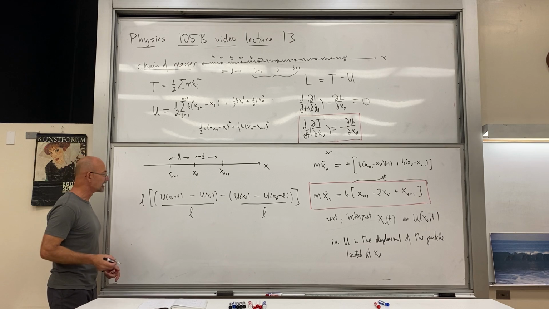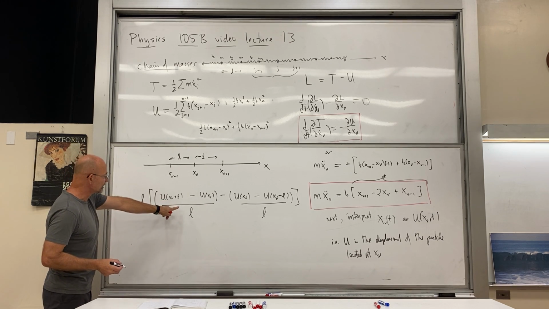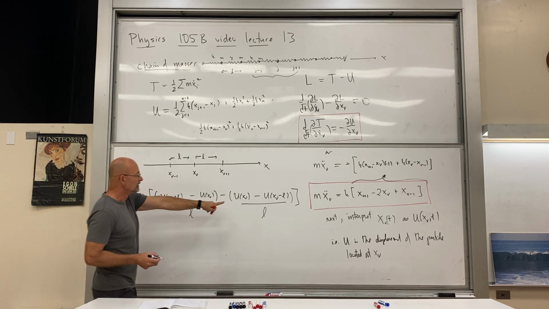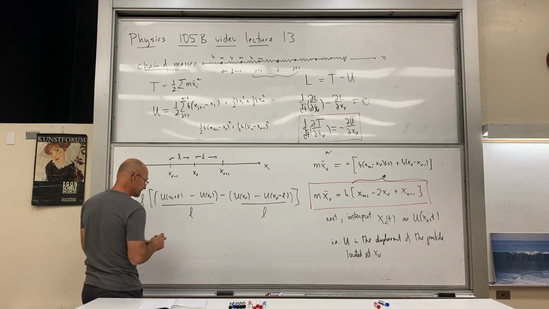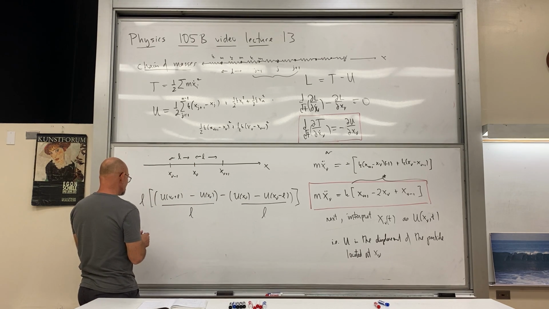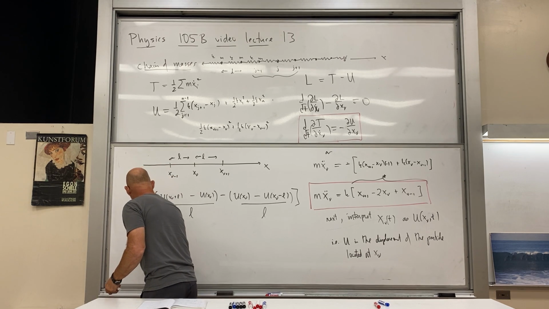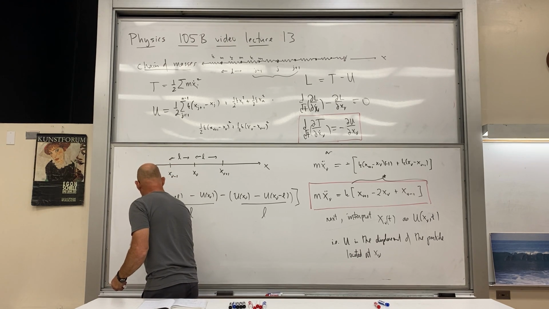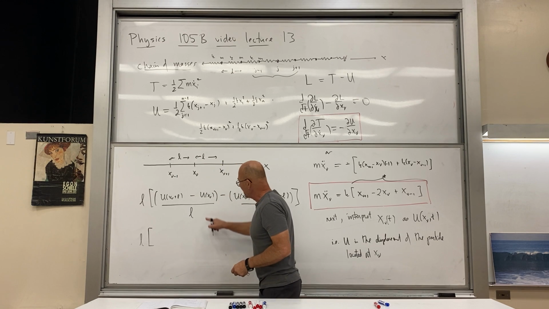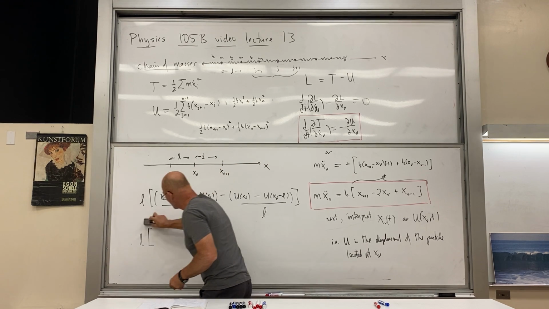Multiply by L, divide by L. And now it looks like we have difference quotients for derivatives. And right underneath here, I'll say what we have. We have L, open bracket, and now we have, give it a little more room.